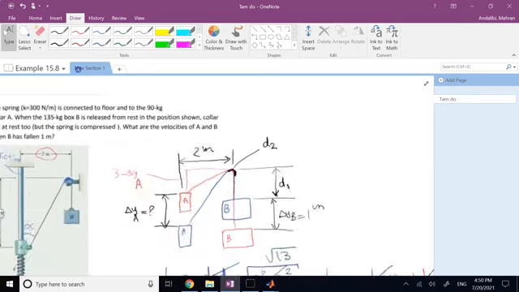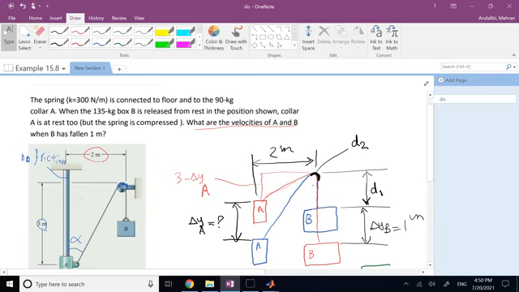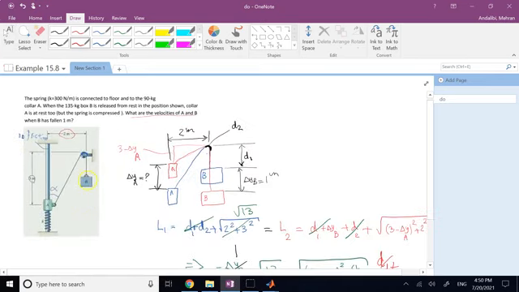If you pay attention to the problem, it says what are the velocities? So I need to find velocity of A and velocity of B, and you know the work energy equation, when I write it for the entire system, it only gives me one equation, and if I know everything else in that equation, I still have two velocities unknown in it, VA and VB, when they show up in the kinetic energy.